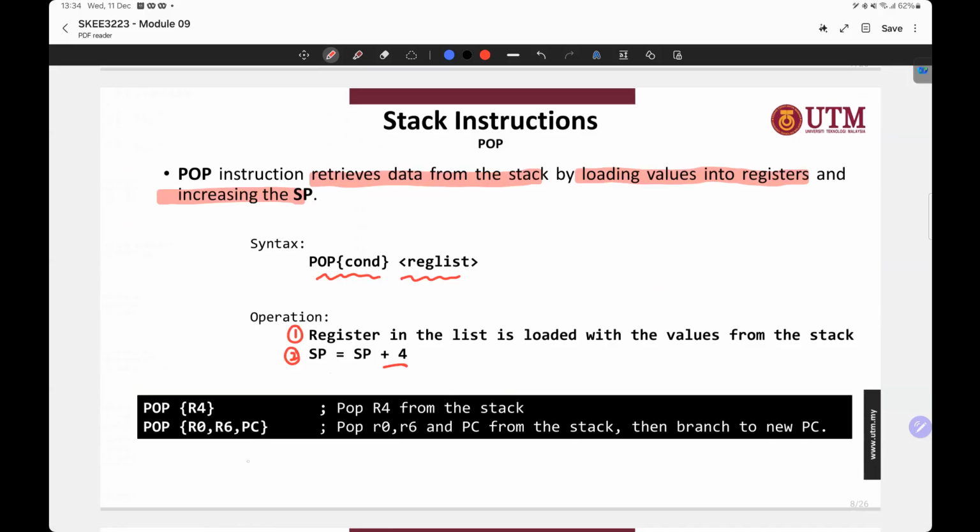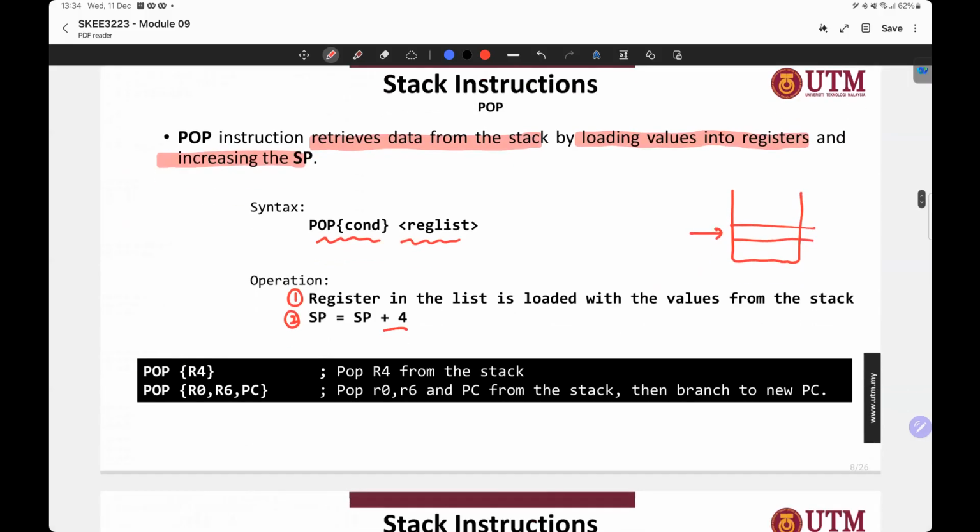Similar to what we did earlier, since the program counter is the highest register in this list, it will take the data from the highest address of the stack, while R6 will take the middle one, and R0 will take the smallest address. We will look at the examples later.